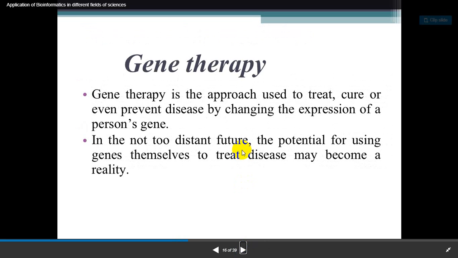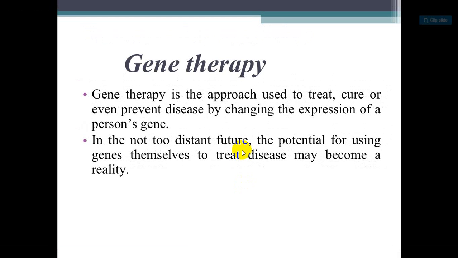What is gene therapy? Basically, gene therapy is a molecular level tool, or you can say a treatment on the molecular level. Gene therapy is the approach used to treat, cure, or even prevent disease by changing the expression of a person's gene.